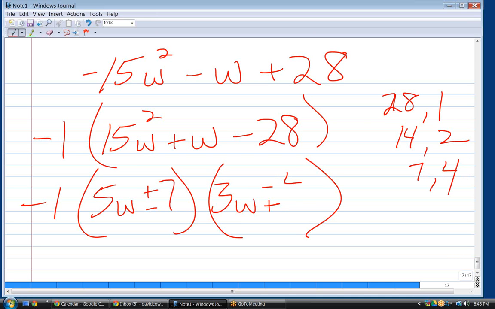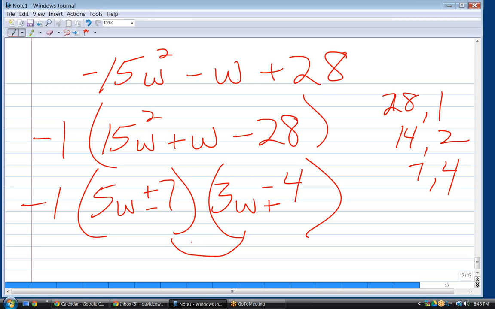I'm just going to randomly write it like that. Does that work? No. Do the two smiley faces. What goes here? It's going to be 14 plus 7 times 3.